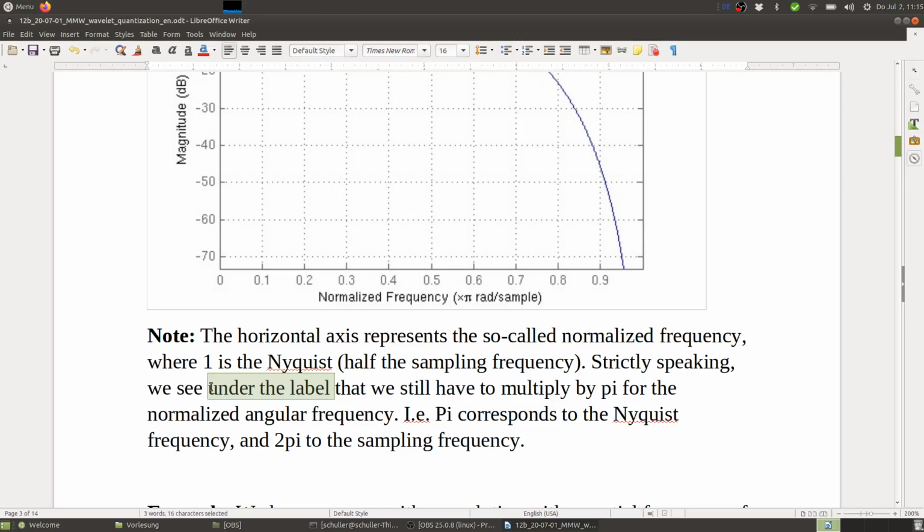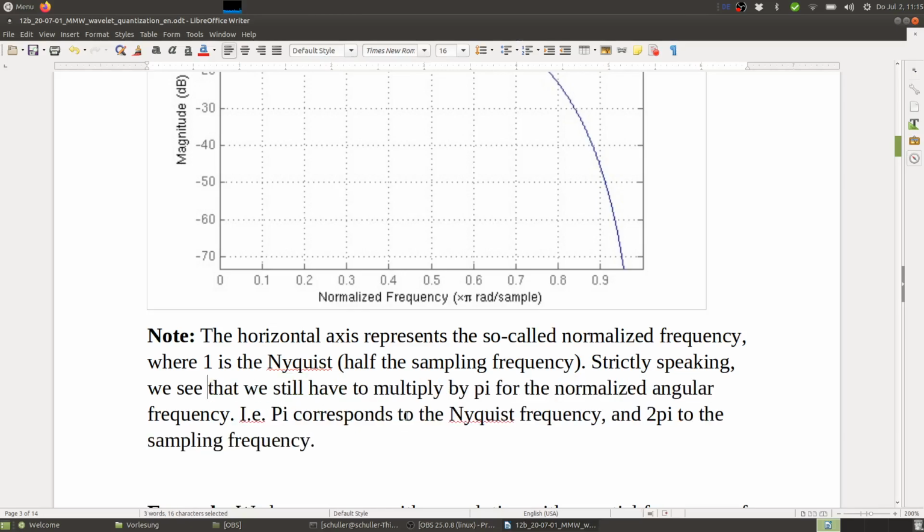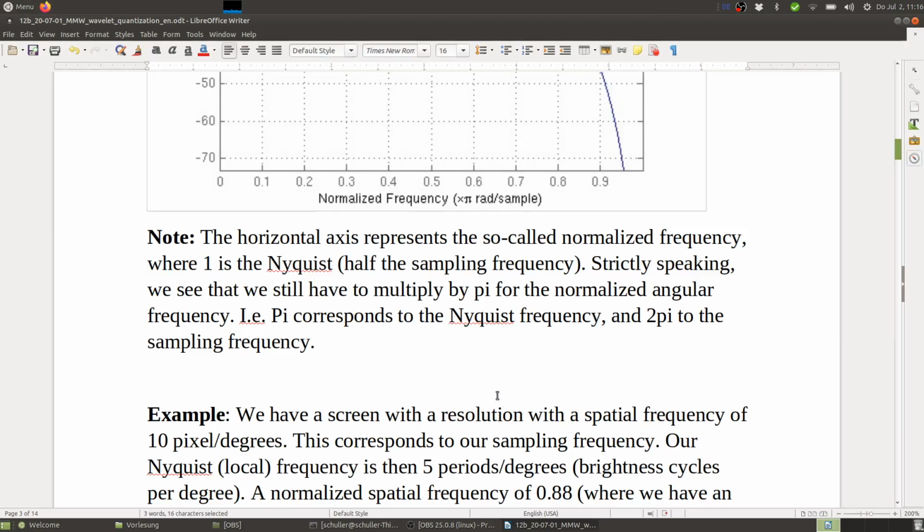We still have to multiply by pi for the normalized angular frequency, which means pi corresponds to Nyquist and 2 pi to the sampling frequency. So this is the usual use of normalized frequencies, to use pi as the Nyquist frequency and 2 pi as sampling frequency.